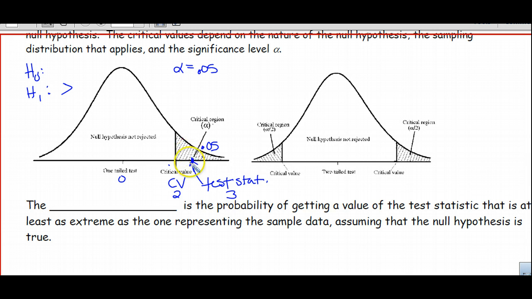See how it's in my critical region? That means that's really weird that I got a 3, and so I would reject because I'm in the critical region. Let's say I got a test statistic of 1. Then it's not in the critical region. It's before the critical value of 2, which is back here. It's not going to be rejected. So I would fail to reject here.